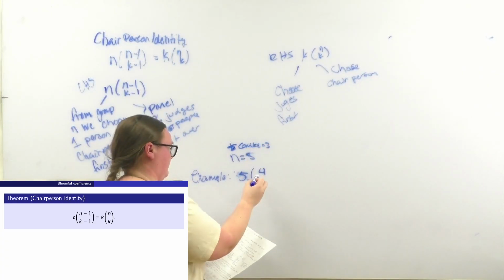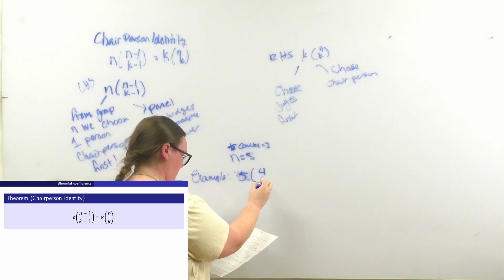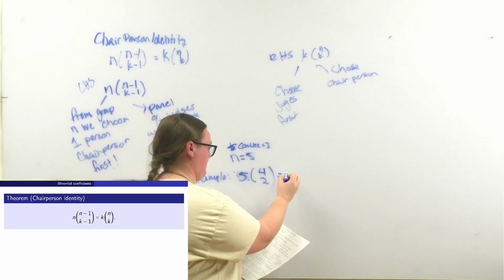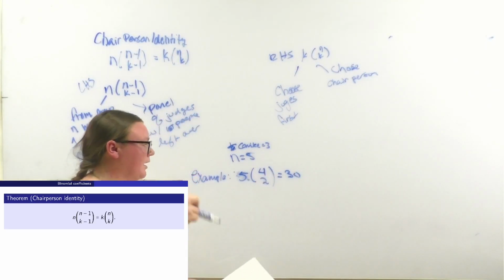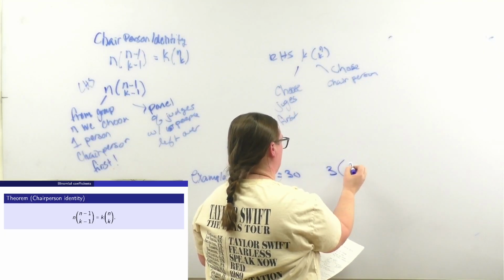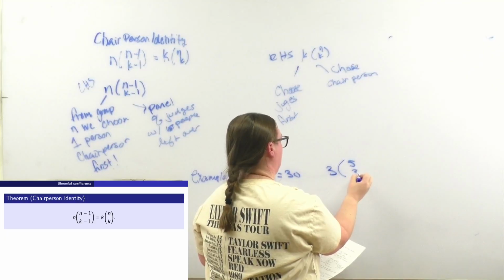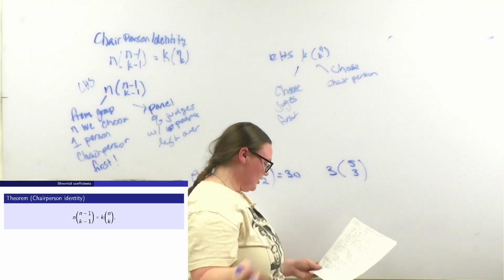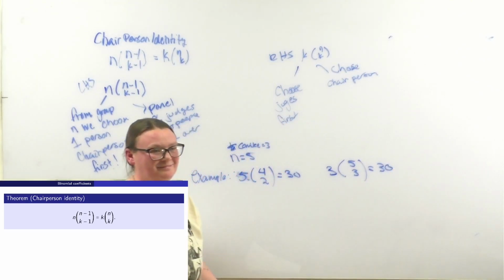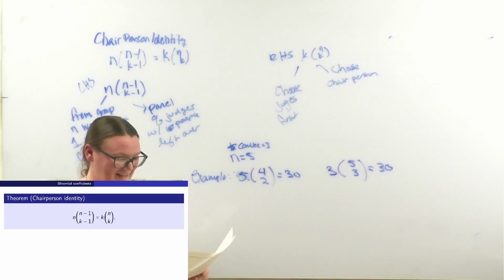So then we do 3 minus 1 here, which is 2. And if we did a bunch of algebra, that's going to be 30. Or we do the other way, where we have 3, and then we do 5 choose 3. And we can do a bunch of algebra, and it turns out that also equals 30. Great example.